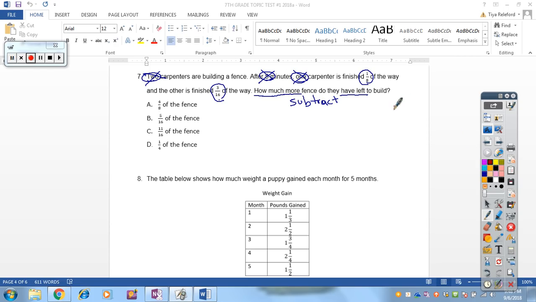So we need to, they need a fence built, and they've already finished some. So we're going to subtract everything they need minus what they finished. How many fences are they building?